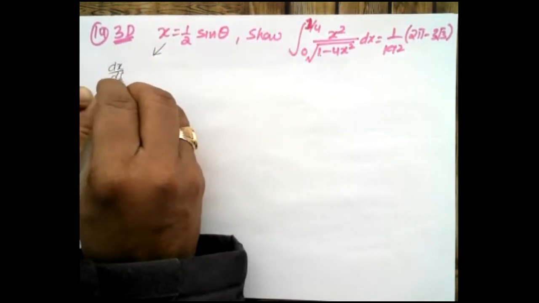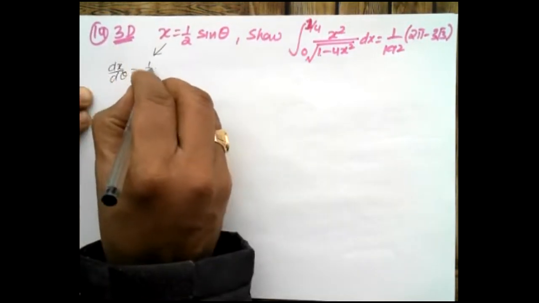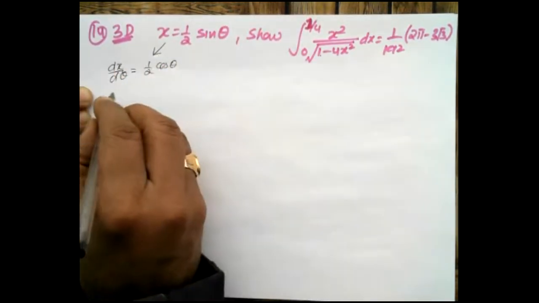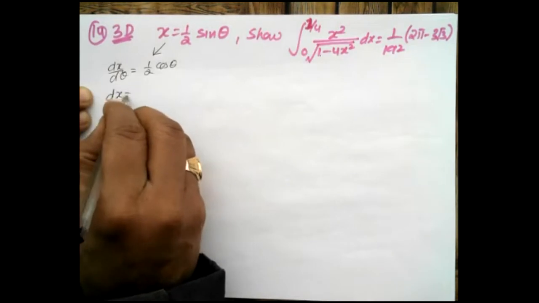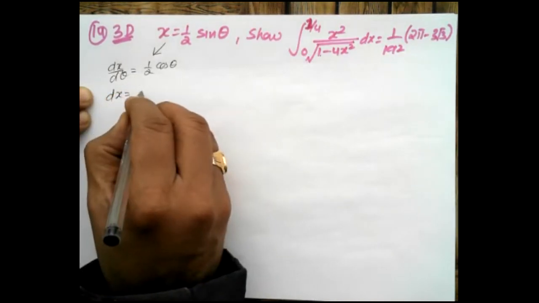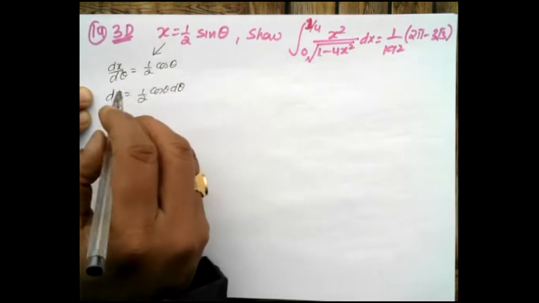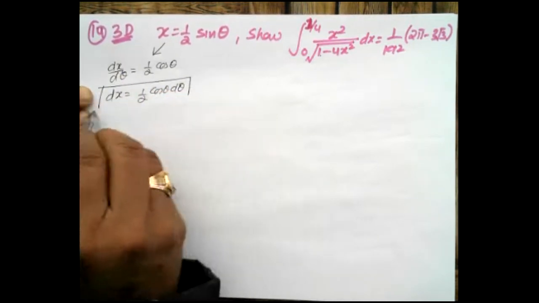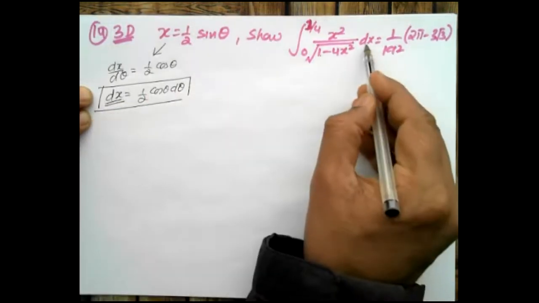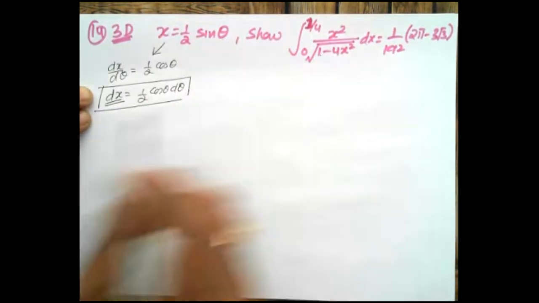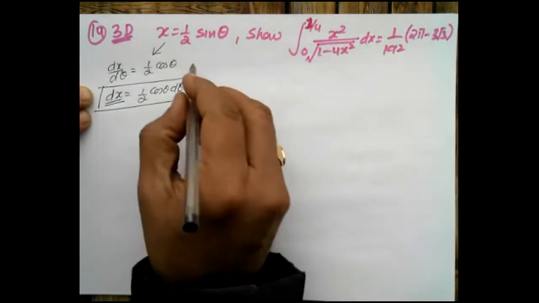Dx over d theta is equal to half cos theta. So my dx will be half cos theta d theta. Is that right? So I'll be replacing dx in here. I'll be replacing x by half sine theta. Let's see what we get, people, when you do this.